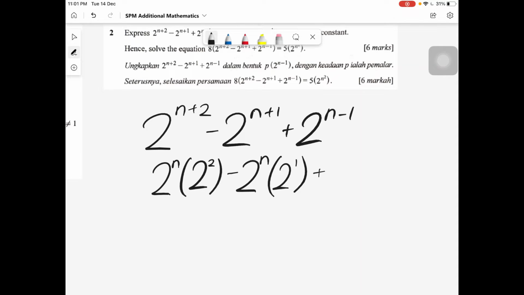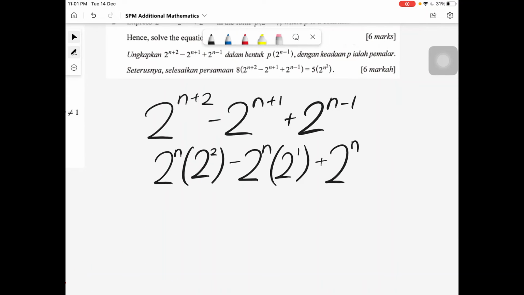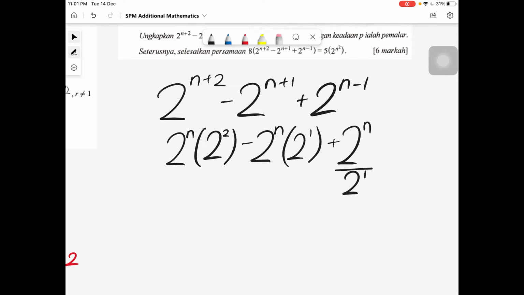Okay, then I have plus 2 power of n, and remember identity number 3, we can put it as divided by 2 power of 1. Okay, so let me just put equals here to make it neat.